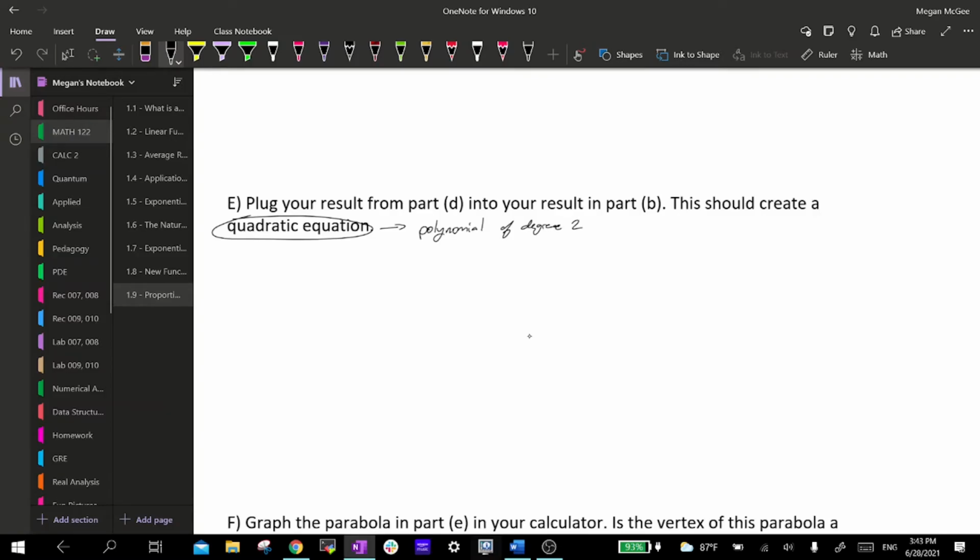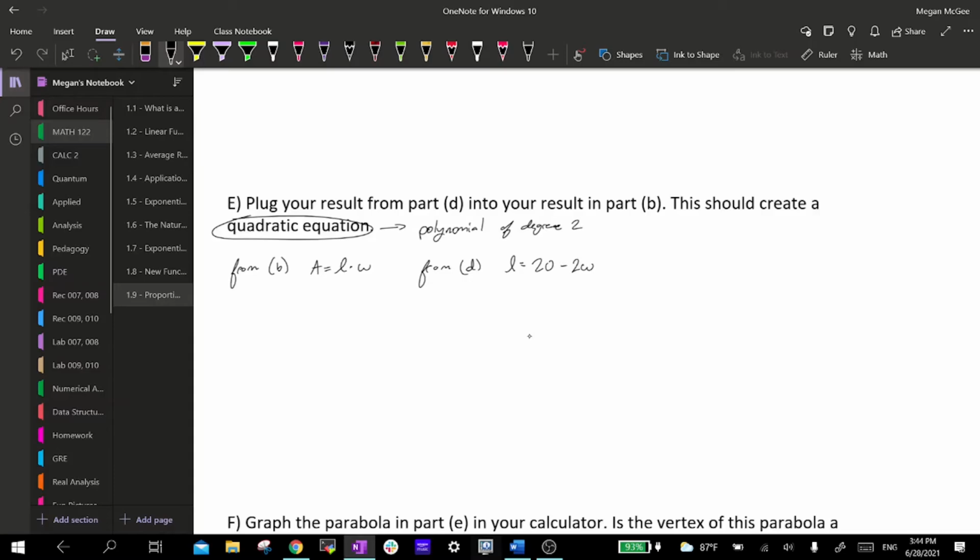We just have a special name for it. All right, so part B was our area. I'm going to say from B, we have area is equal to length times width. And from D, we have that length is equal to 20 minus 2W.